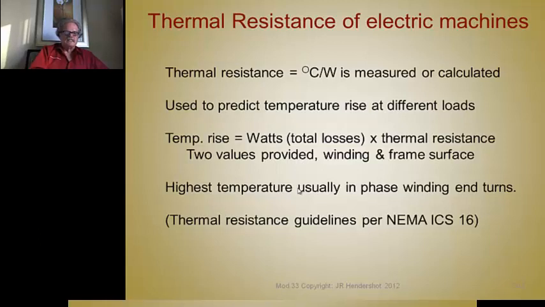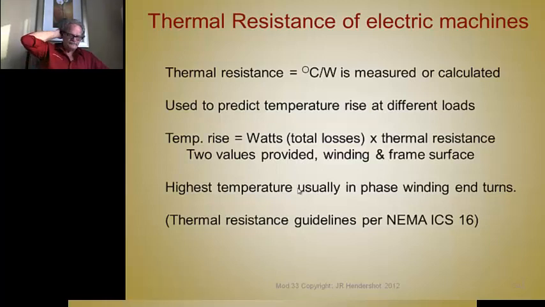So this allows you to predict the temperature at different loads and helps you determine how long you can stay at different loads, or whether you have to back the load down to cool off for a while. So the temperature rise equals the total watts of losses at any given load, any given current, times this thermal resistance. And usually manufacturers will give you two numbers. They'll give you a number in the winding and a number for the surface of the frame.